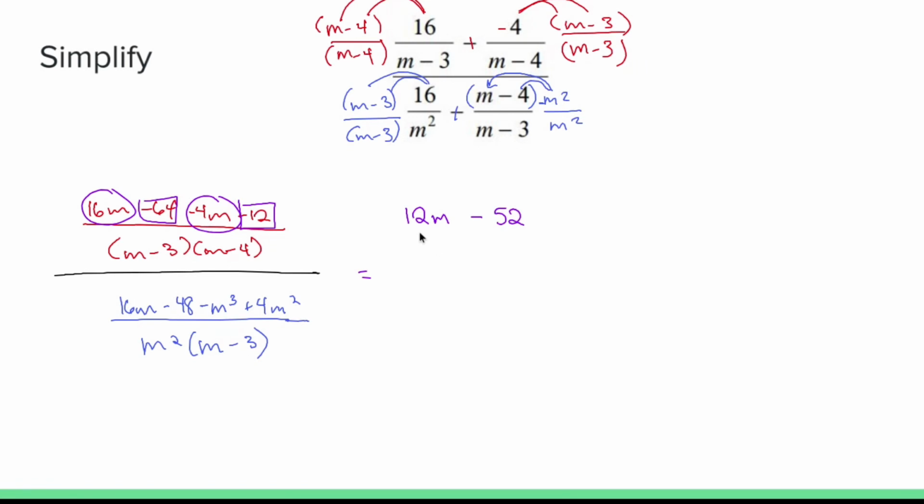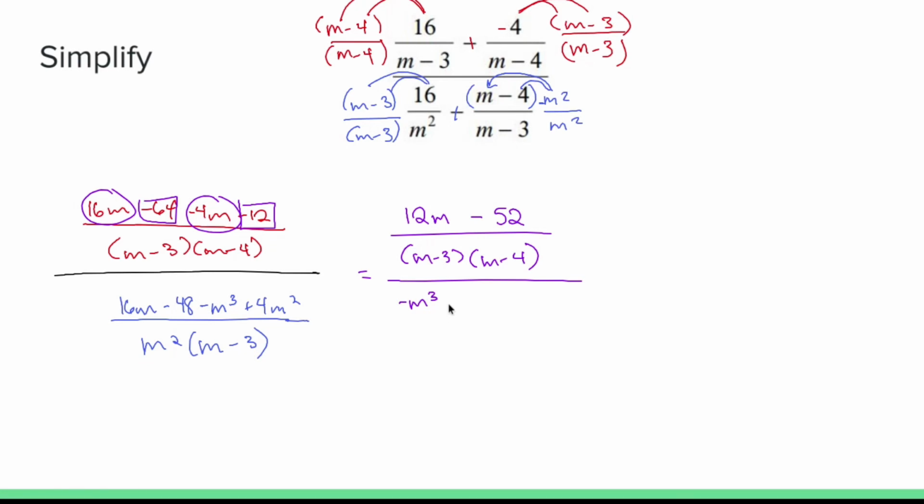Yeah, I don't know. It doesn't look too promising. All over m minus 3, m minus 4. All over nothing combined. So let's just write it out in standard form. Negative m cubed. Oh, wait a minute. This might be factoring by grouping.